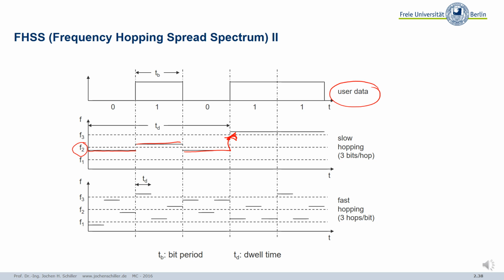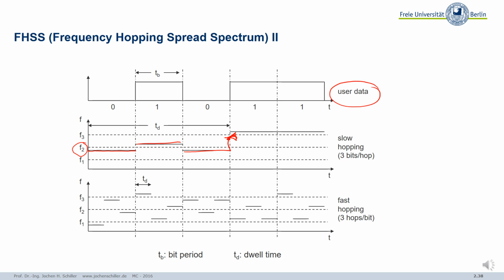That's called slow hopping. You transmit several bits per hop. That's what Bluetooth does. Bluetooth remains for 625 microseconds on one frequency, transmitting many bits, and then jumps onto another frequency. Only it looks fast for you, this doesn't mean it's fast hopping, so it's slow hopping.